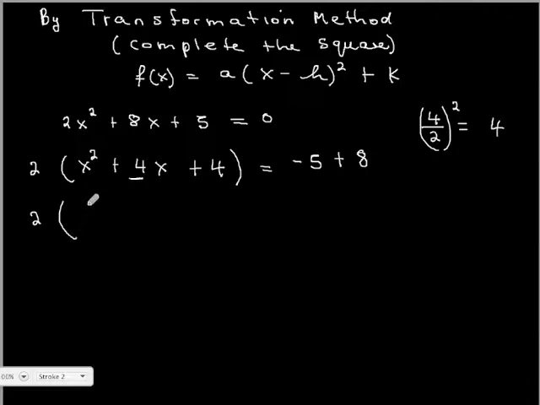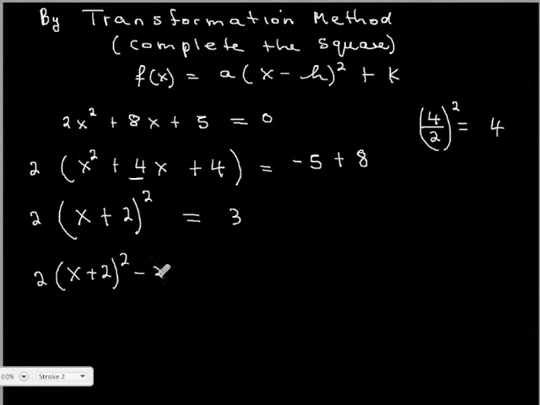So what you now have is a perfect square trinomial, and factoring that, you will get (x plus 2) squared is equal to positive 3. Now bring the 3 back here on the left-hand side. You get (x plus 2) squared minus 3 is equal to, and that's your function.